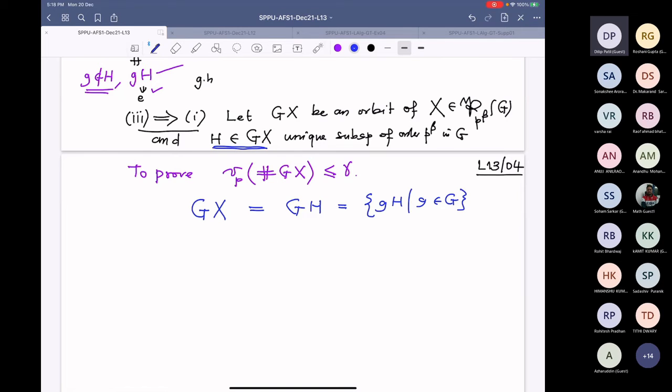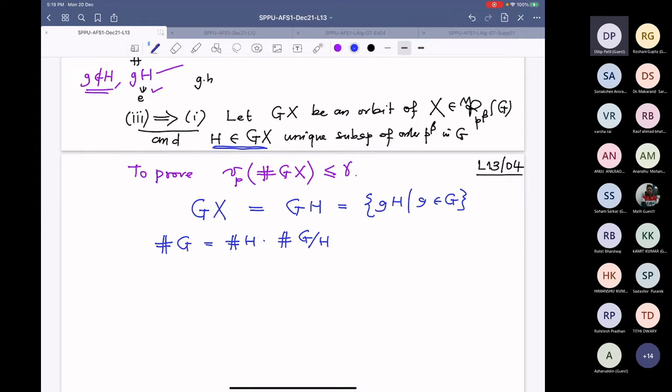And how many left cosets are there? We know the cardinality of G is equal to the cardinality of H times the cardinality of G by H. And this I know. What do I know?